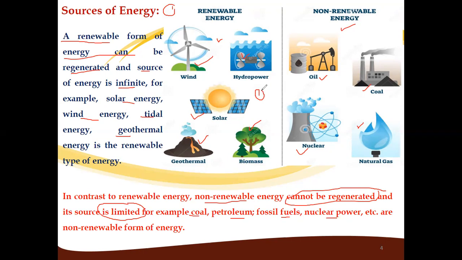Solar energy has been used to heat homes and water, and modern technologies such as PV cells, that is photovoltaic cells, have provided a way to produce electricity from sunlight.